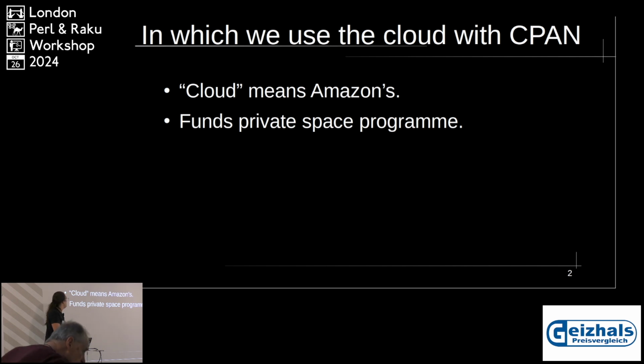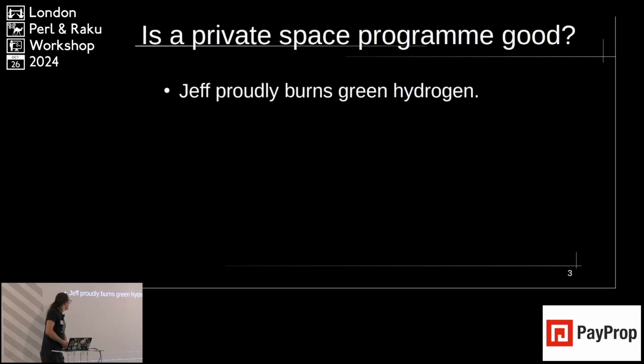The cloud means Amazon's, which funds a private space program, which we should probably look at briefly. Is a private space program good? That's a good question. I did look into this briefly. Jeff burns green hydrogen, which is an interesting thing.